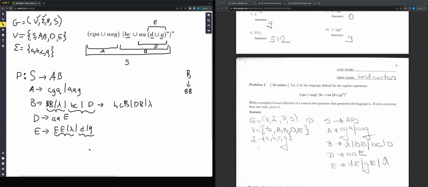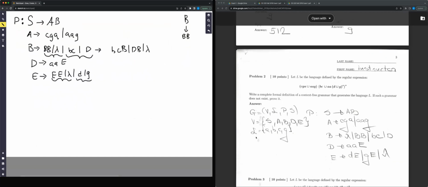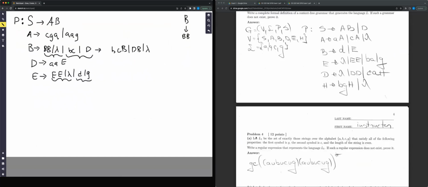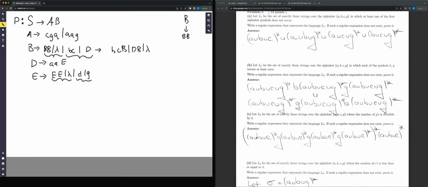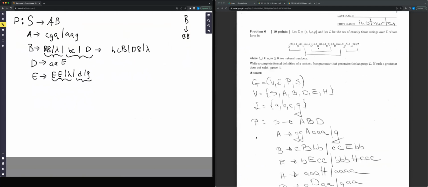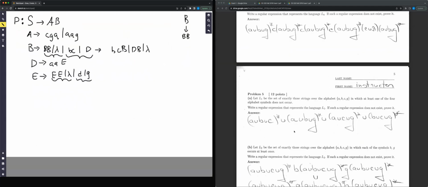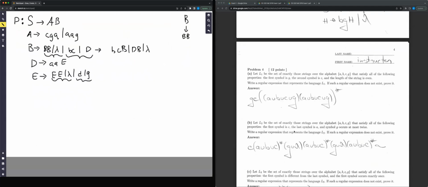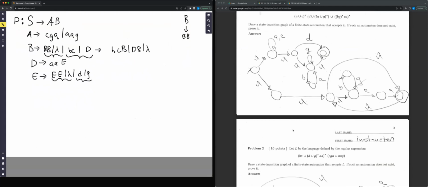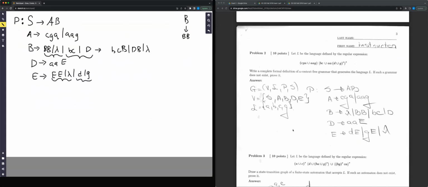Let's do more of these. We'll do this one after. One more regular one, and then we'll go into context free. Context free is very simple.